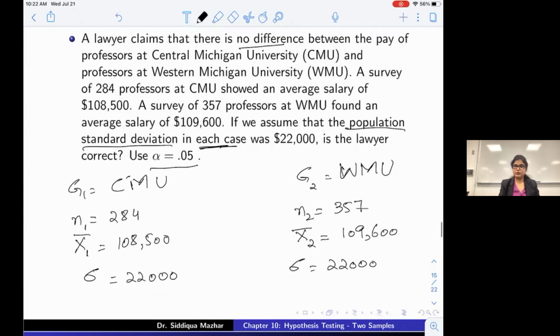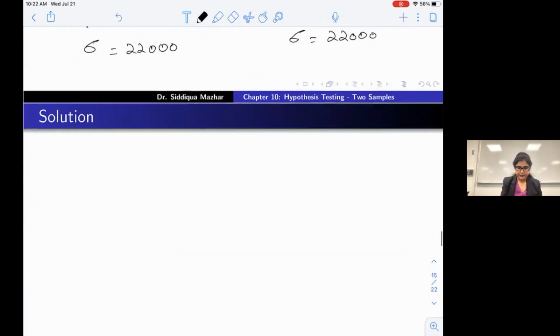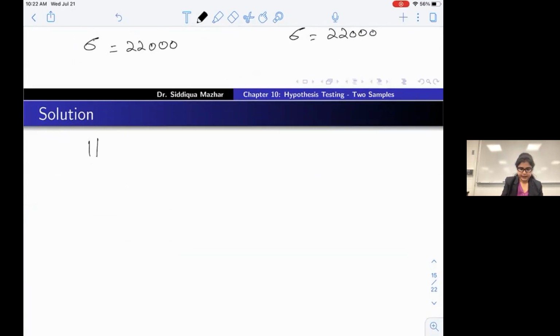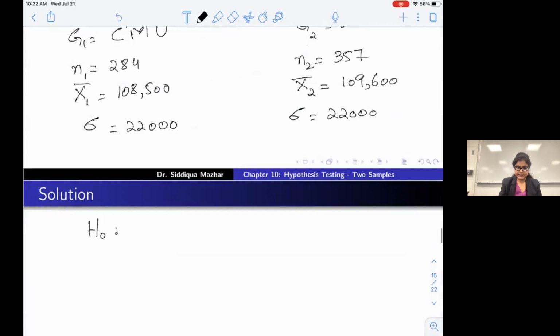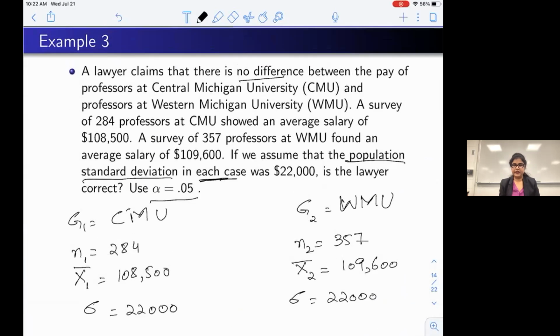So now you have to compare the population means, like averages, for these statements. So what is my null hypothesis? My null hypothesis is that there is no difference between the pay for the professors in Central Michigan University and the professors at Western Michigan University.